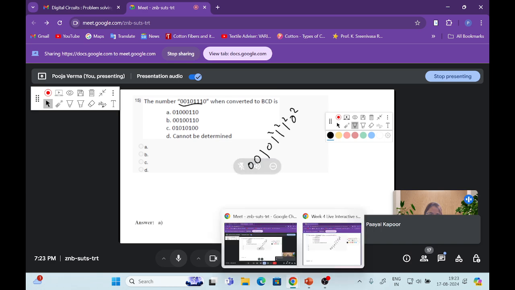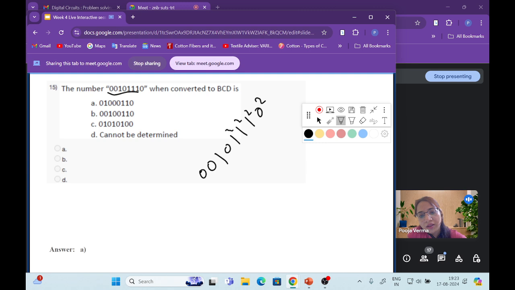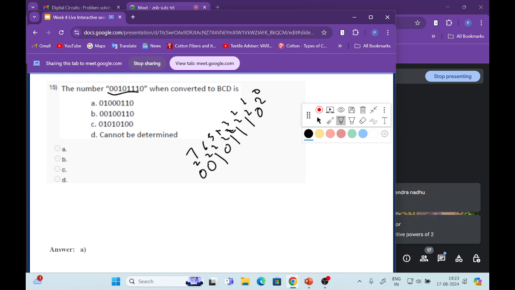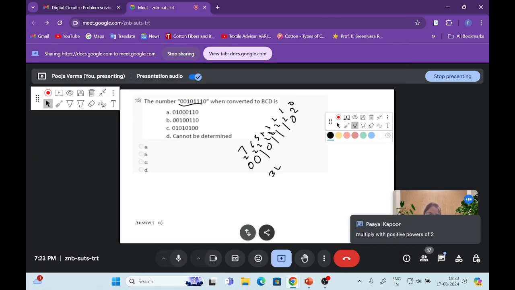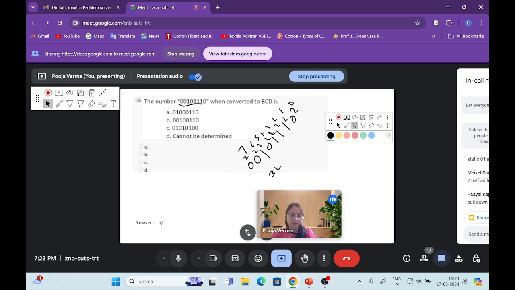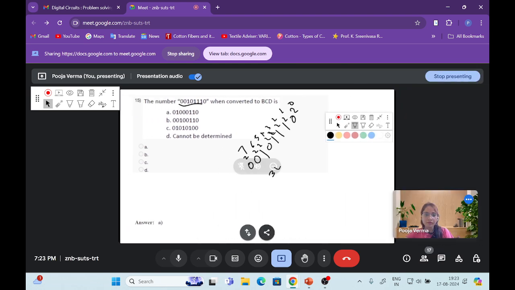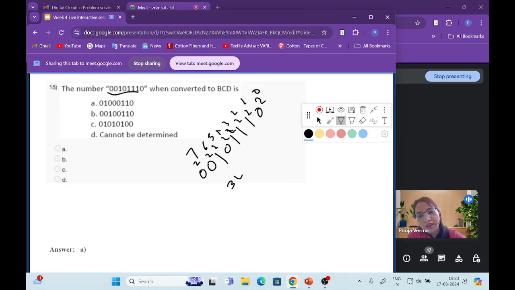Yeah, right, 46. So to convert into decimal, we already know that we have to take powers of 2 for each position. The first one is 2 to the power 5, that means 32.